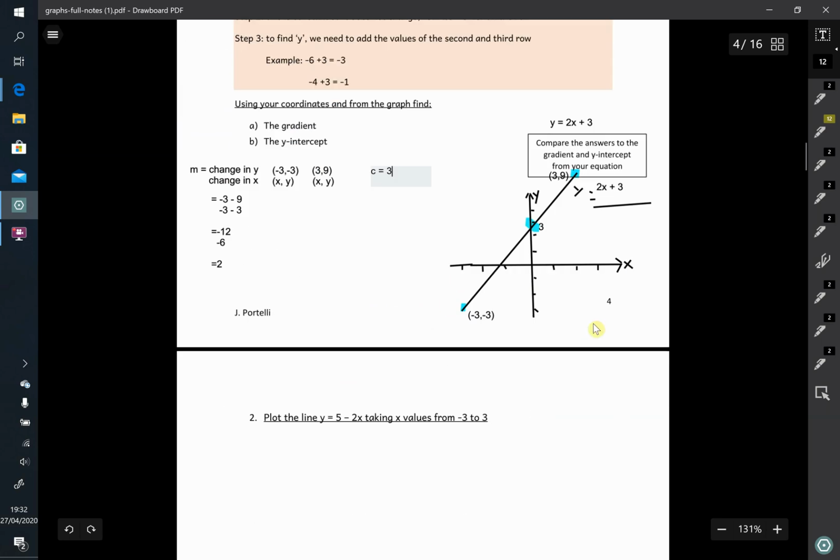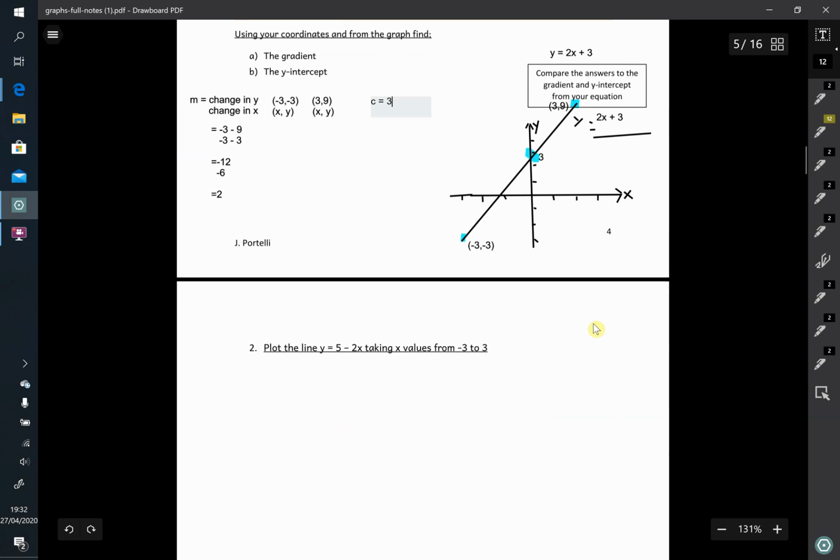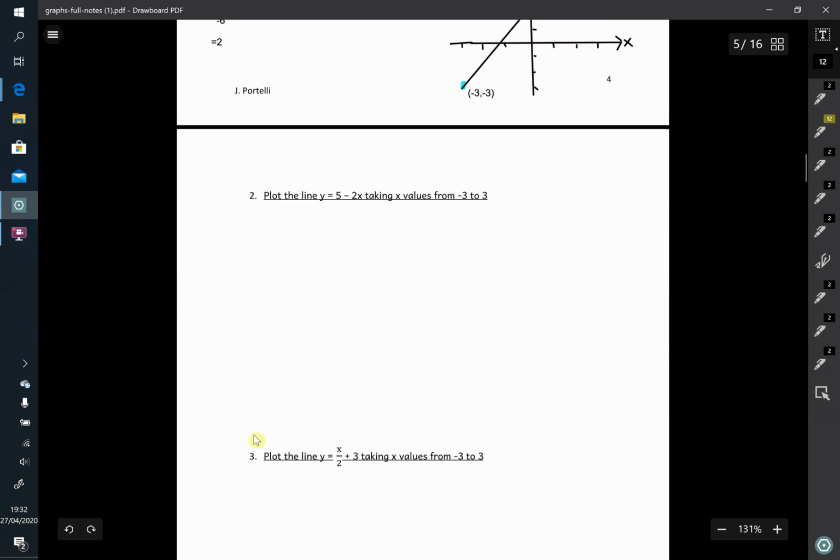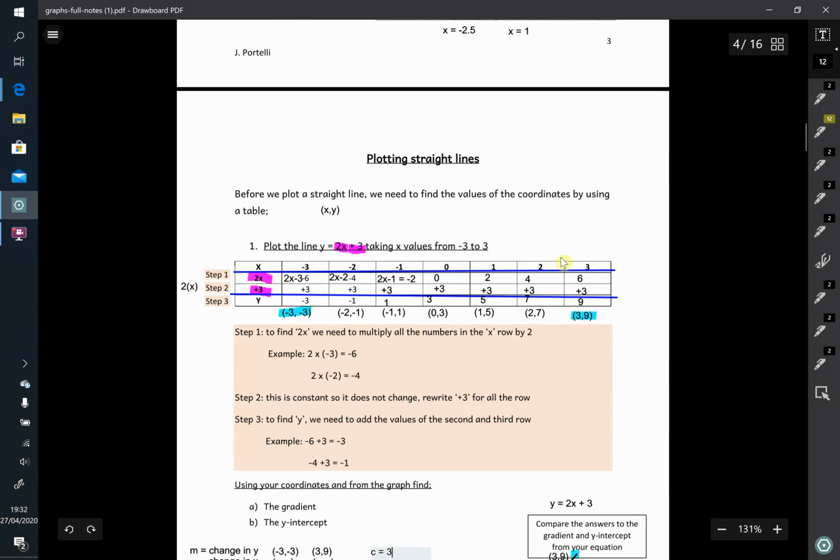All right, guys. So for your homework for today, you are going to be doing number 2 and number 3. You have to create the table. You have to fill in the table. You have to work out the 2x plus 3. Always combine the 2 rows in the middle.